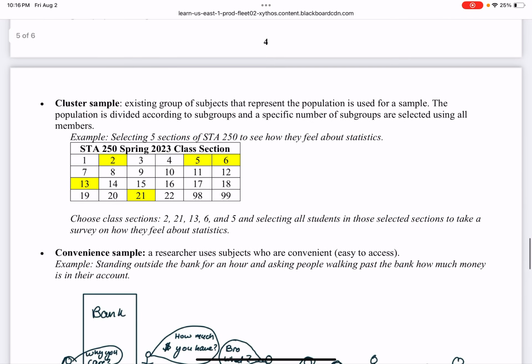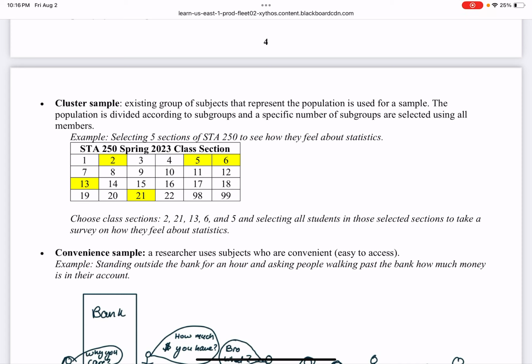Then we have cluster sampling, and it is using existing groups to represent the population used for the sample. The population is divided according to some groups, and a specific number of subgroups are selected using all the members in the subgroups.